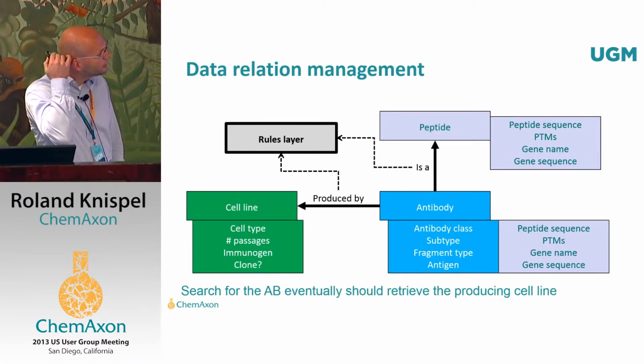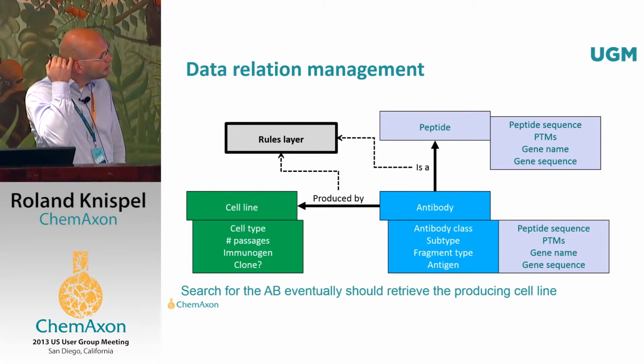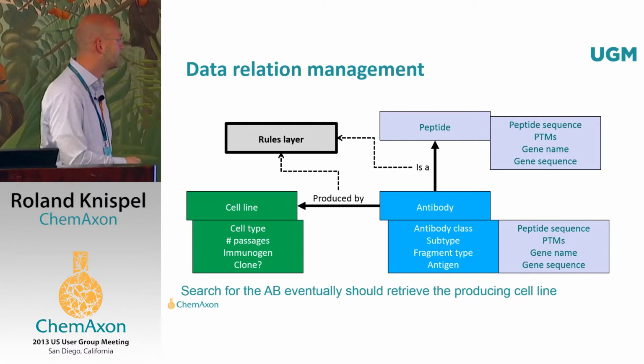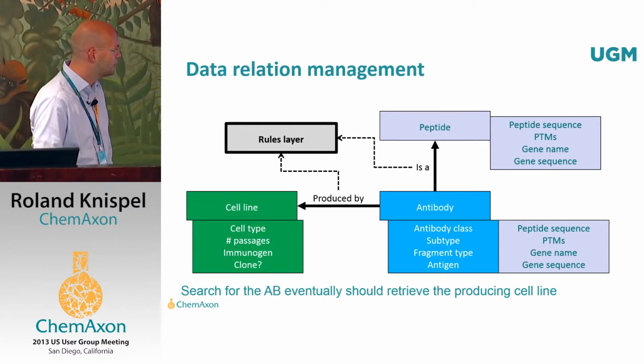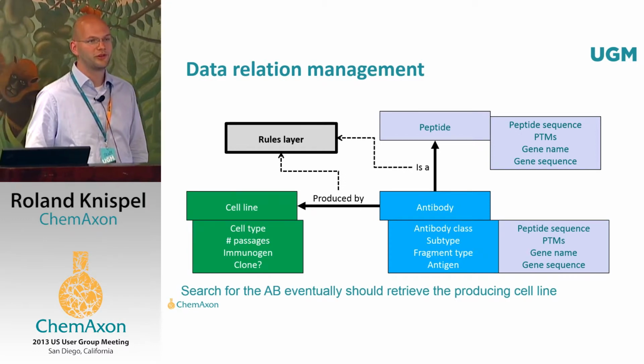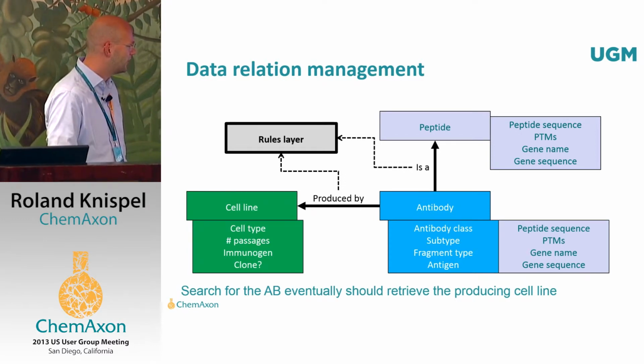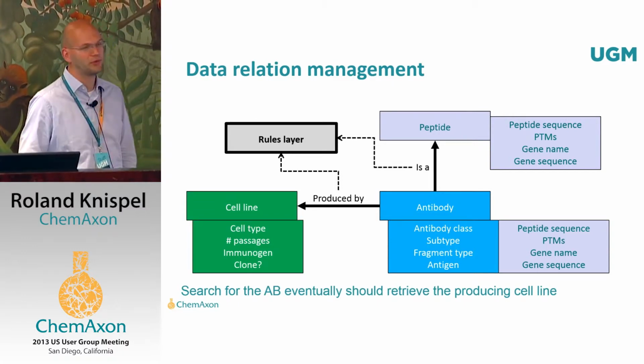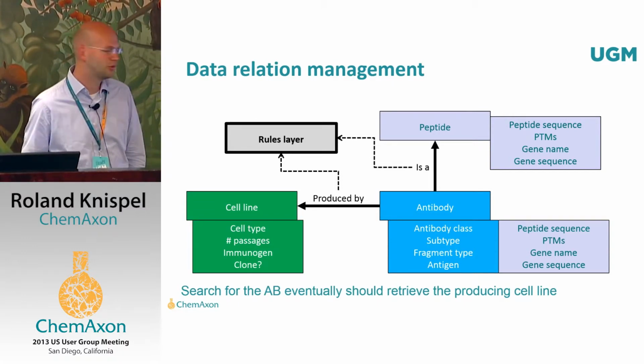The information management dealing with setting up these relations is encoded in a rules layer, which in the end brings certain things together in a very ordered fashion. So if you're looking at an antibody that can be produced by a cell line, the cell line itself is registered in the biomaterial registration.